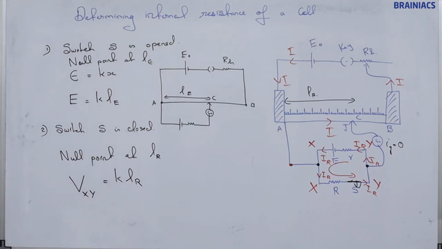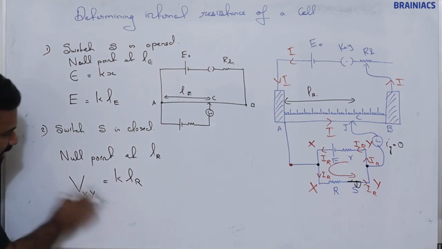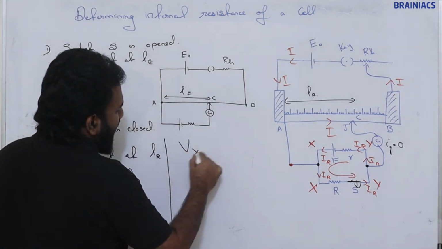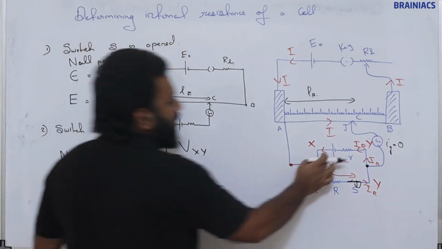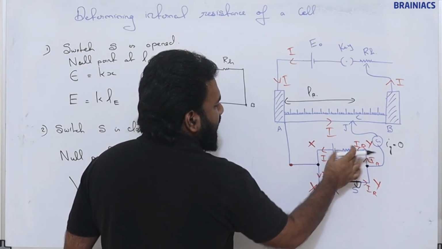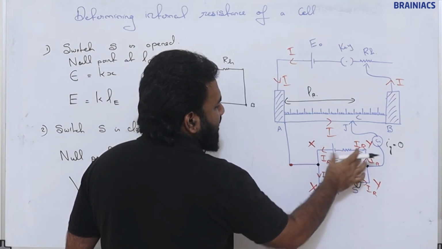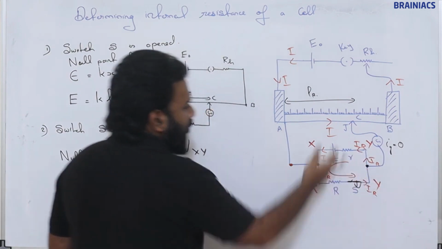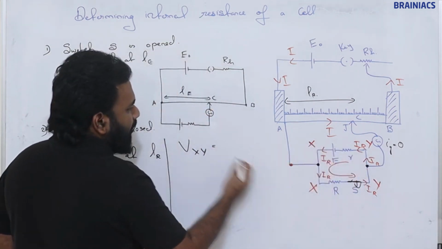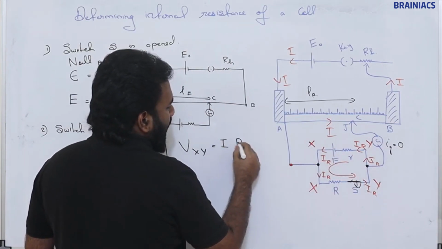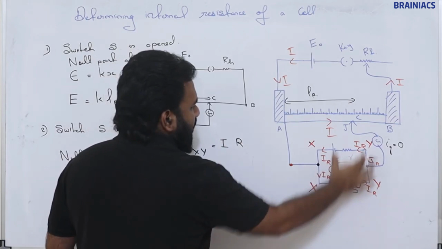Now we will find what is this VXY. VXY can be found using this also, just like E minus Ir, or otherwise I into R. That is also fine. Both are same. So here I am preferring I into R. This is also same.